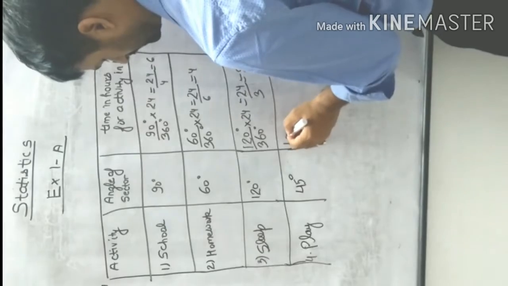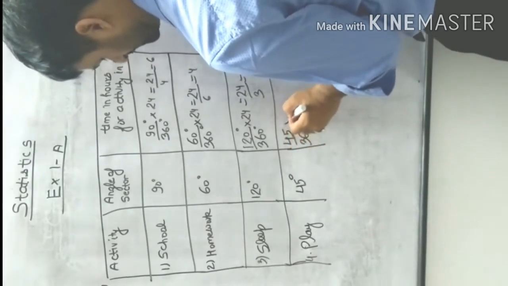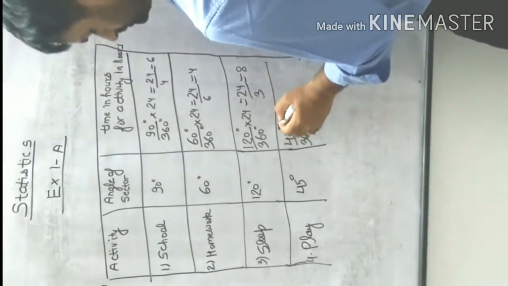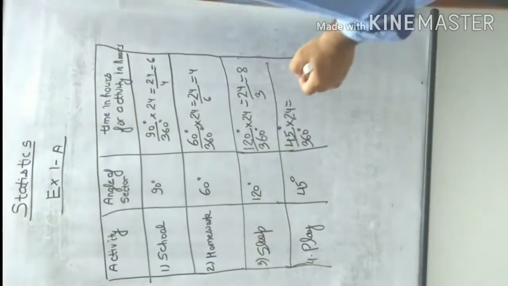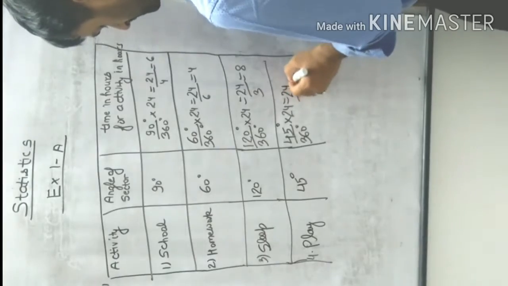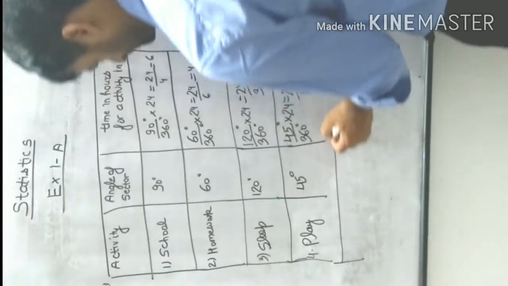How to find the time? 45 upon 360 degree into 24. 45 2s are 90 and 9 4s are 36. So 24 by 8. That means 3 hours. And last of all is what?